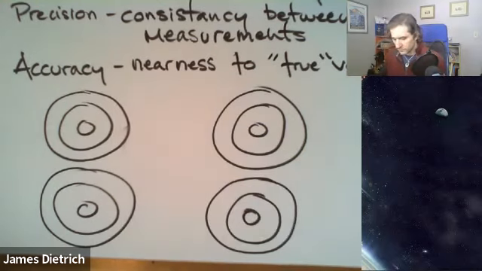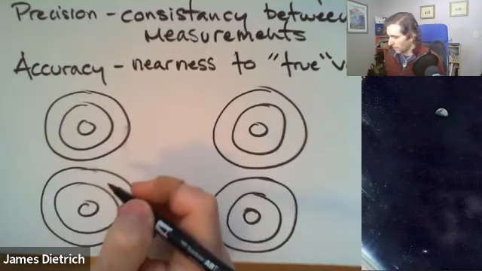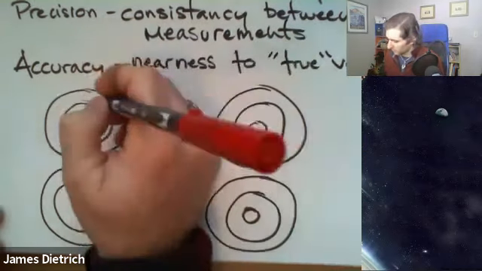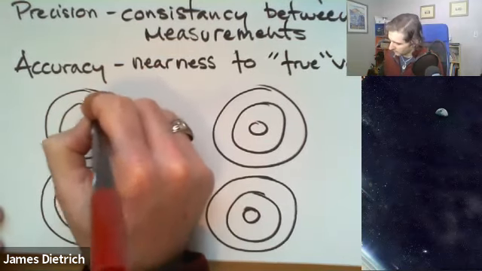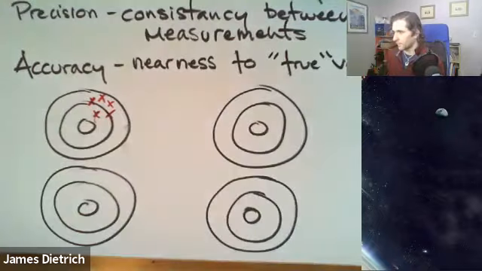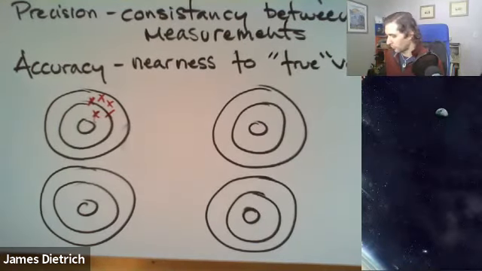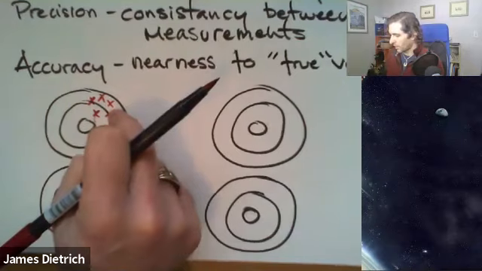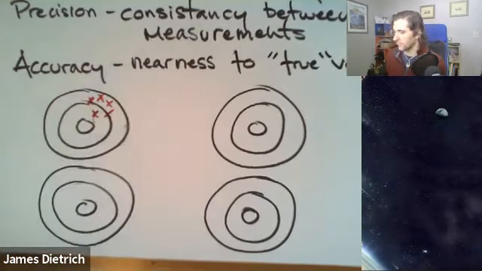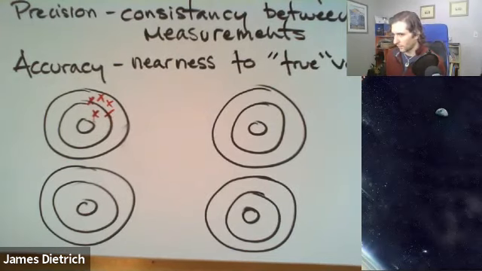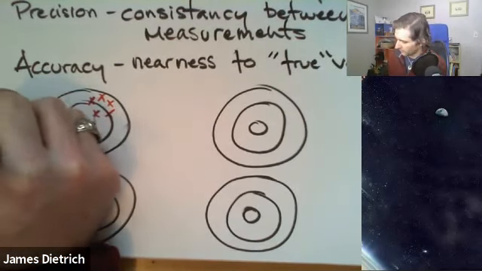If I take some measurements, or throw my darts, and I end up getting a grouping of darts like this, throw 5 darts, I'm off of the bullseye, but I've got a fairly tight grouping there.